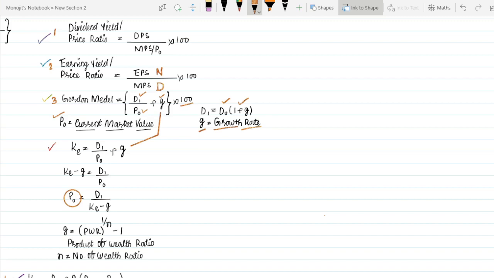In these circumstances we need to apply this formula: D1 divided by (KE minus g).